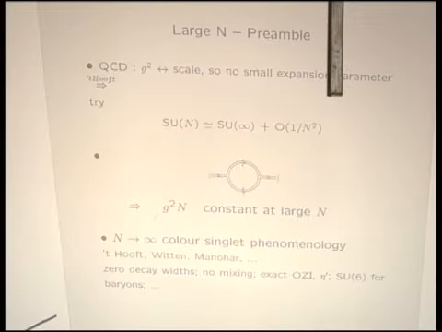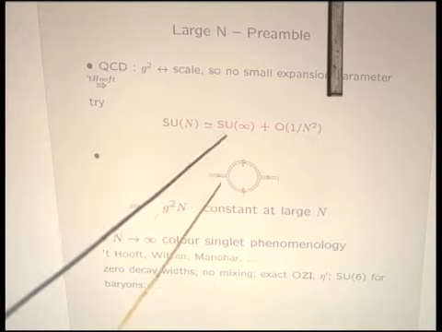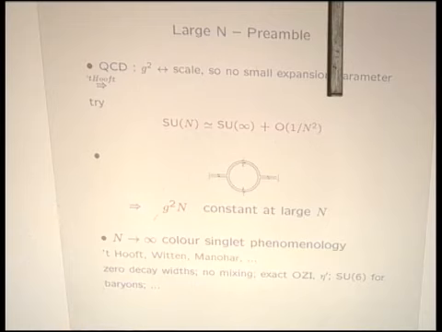Well, at N equals infinity, you have zero decay widths and you have exact OZI, you have no mixing. So several features which are difficult to understand in QCD or in the observed world of the strong interactions become exact properties at N equals infinity. So if N equals 3 is close to N equals infinity, that would explain why things are that way in the real world that we live in. So that seems like an interesting limit to take.